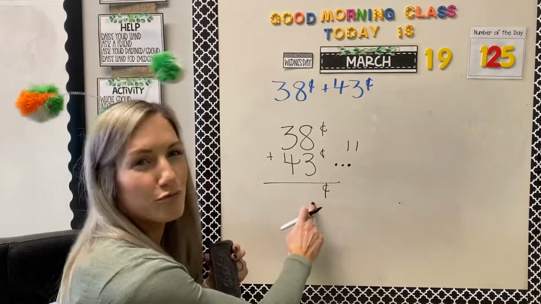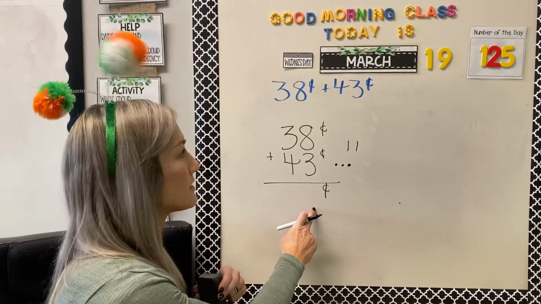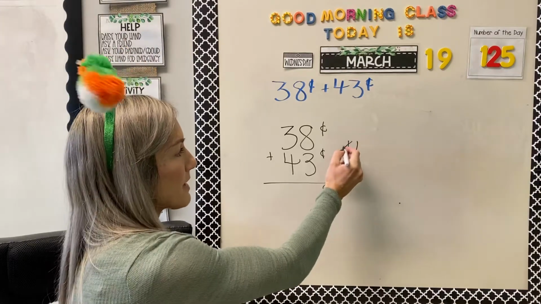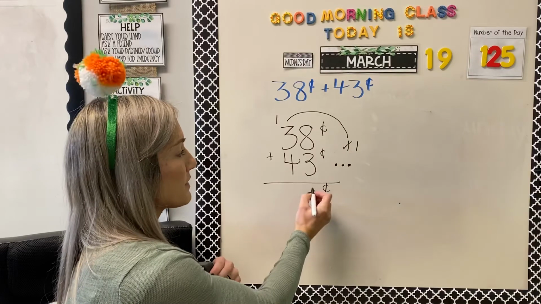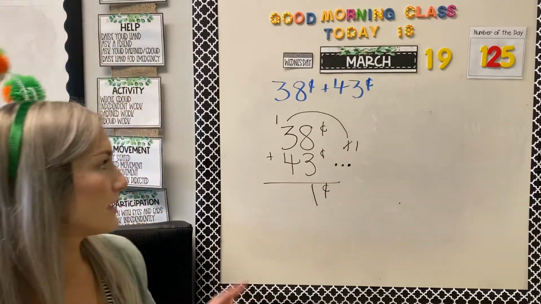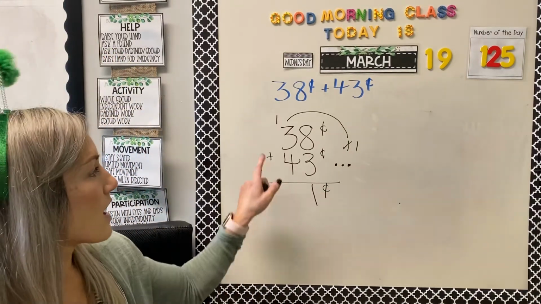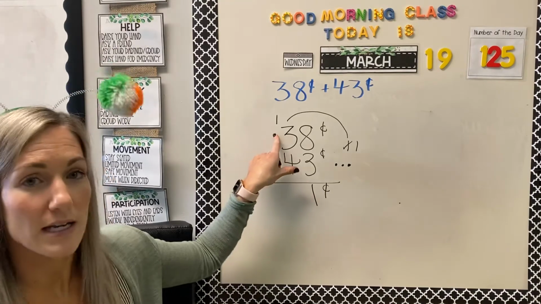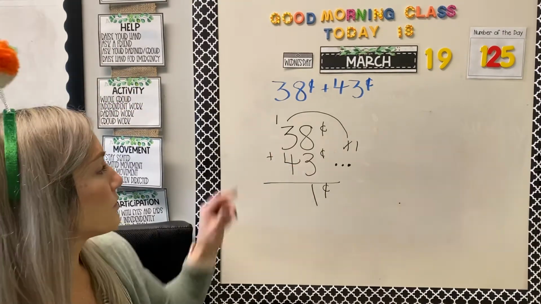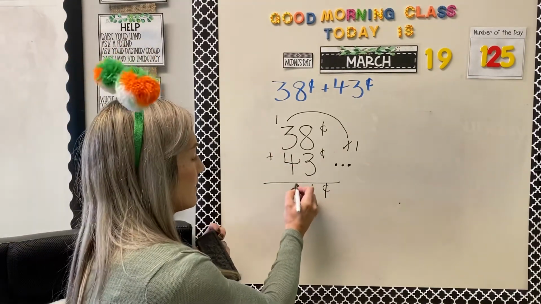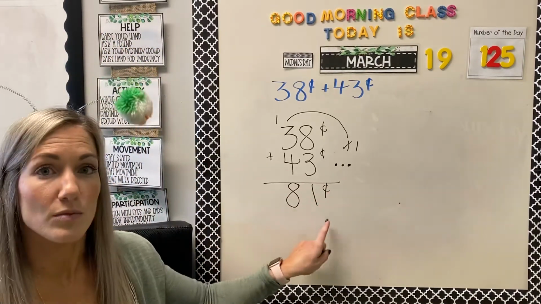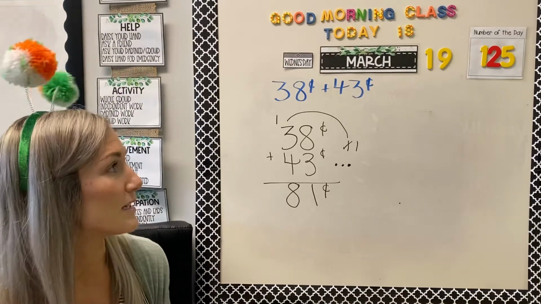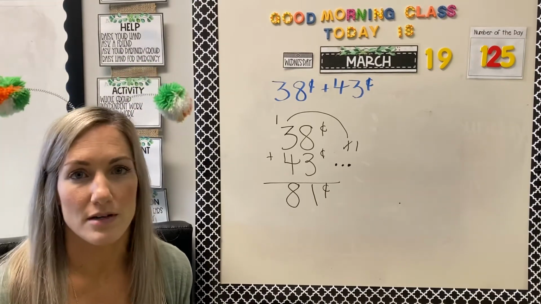I don't have enough room for 11 in the ones place. So I'm going to carry my 1 over to the tens place, and I'm going to put that 1 here. Let's add our tens. I know that 4 plus 3 is 7, plus 1 is 8. Don't forget that cent sign. I have 81 cents, not 81 bananas. Good job, boys and girls.